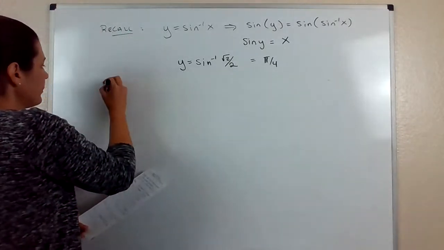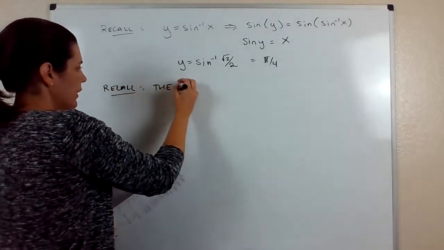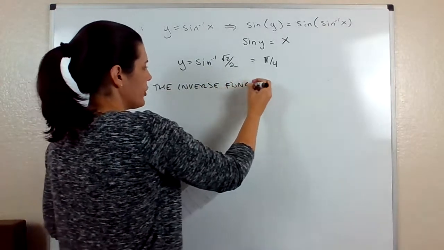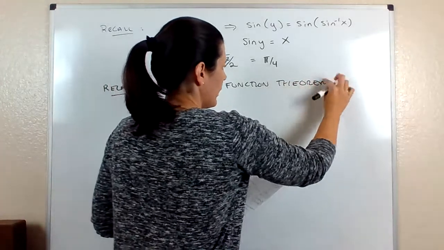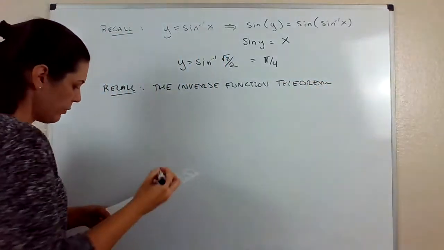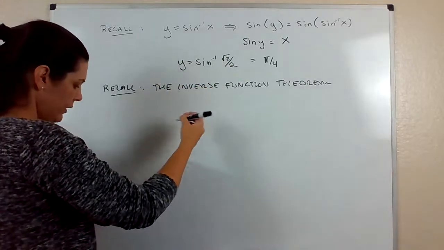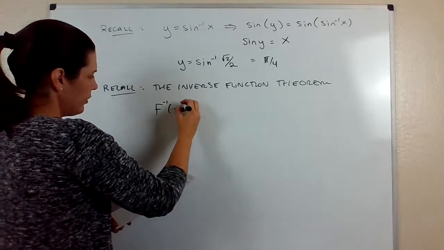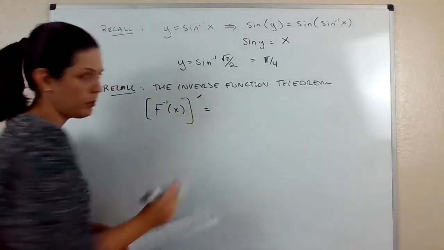So recall, this is the inverse function theorem. This says, and this was from just the previous section, if I want to find the derivative of an inverse function, okay, notice my notation.